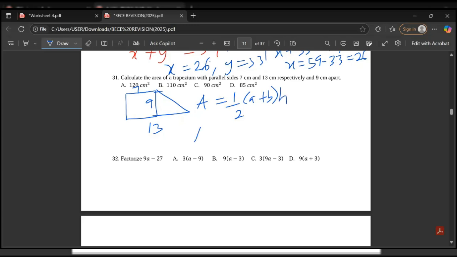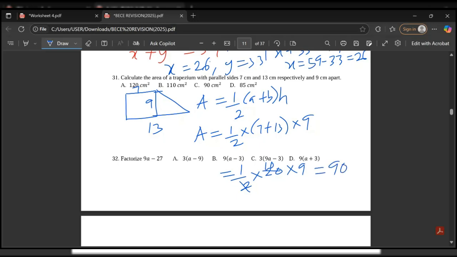So we have 1/2 times (7 plus 13) times 9. Invariably we are saying 1/2 times 20 times 9. 2 into 2 is 1, 2 into 20 is 10. 10 times 9 is 90. So that's the answer. That's option C. I hope this is clear.